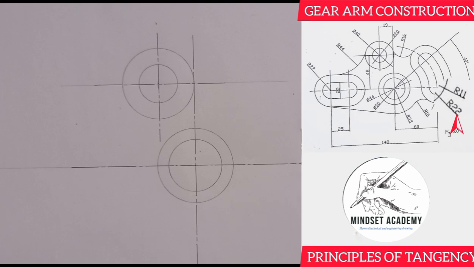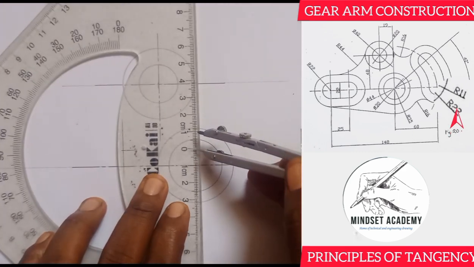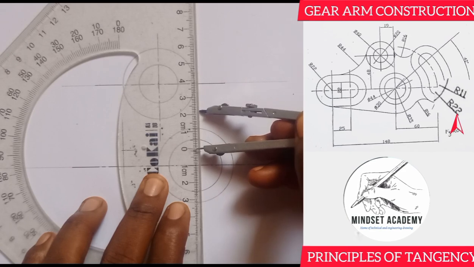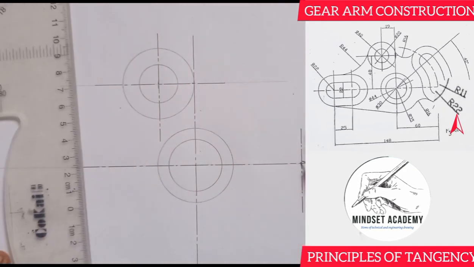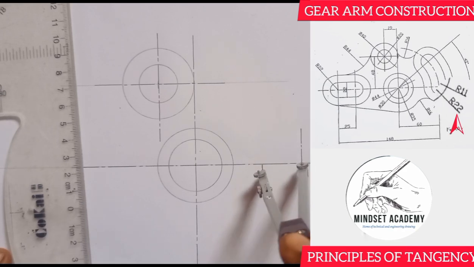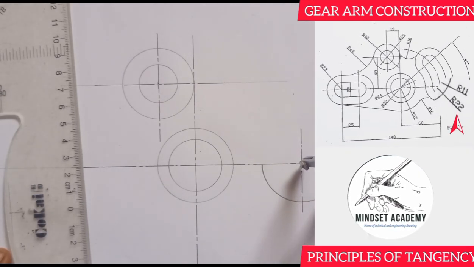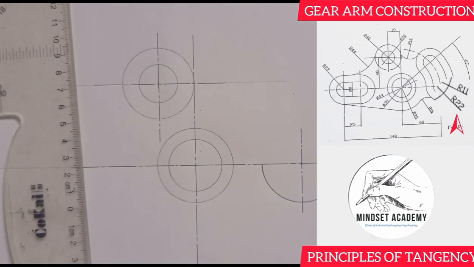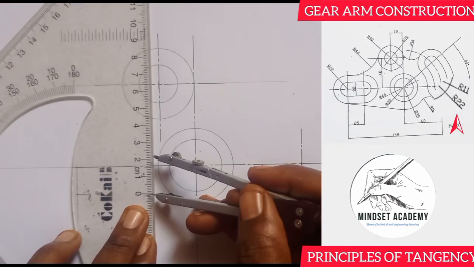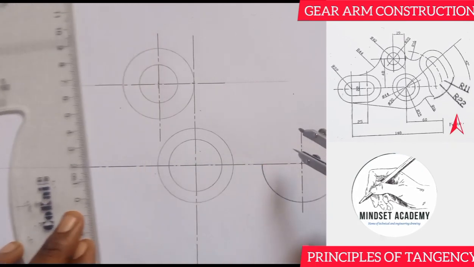So if I measure 22 on my meter rule this way, so from the arrow, this is 22, right? And I'll place it here, and I'll draw a semicircle. And the other one, 11, I'll measure 11 also, from 0 to 11, and I'll draw a semicircle.